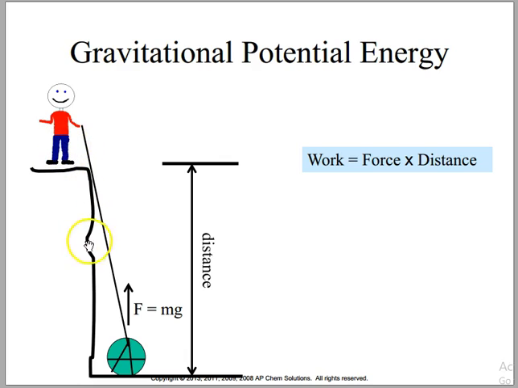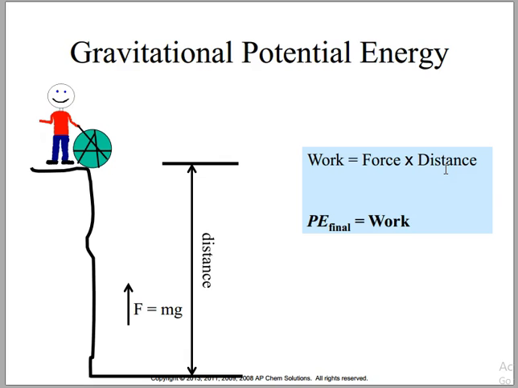So if we apply a force to this ball here on a string with this person on a cliff, we have to oppose the force of gravity and the mass to pull the ball up. Okay? So that requires energy to do the work, to pull something up using a force over a distance.